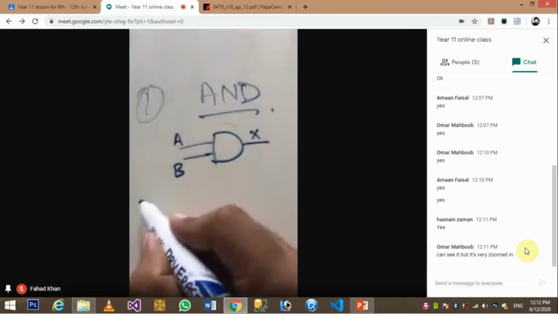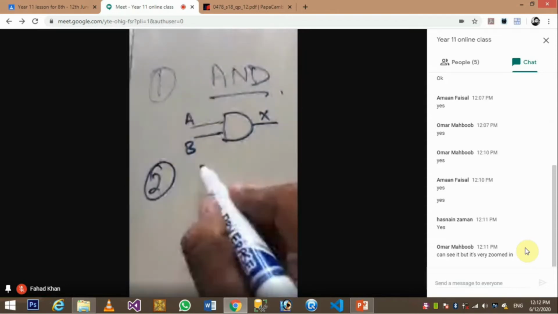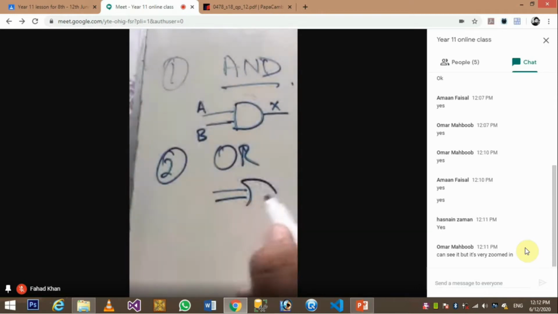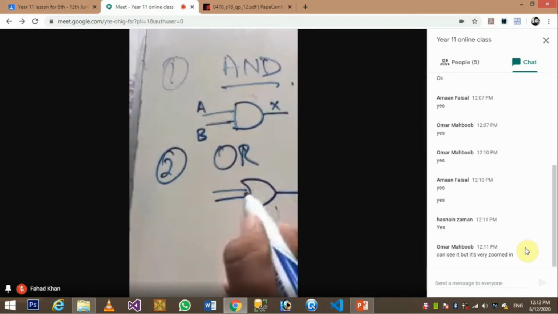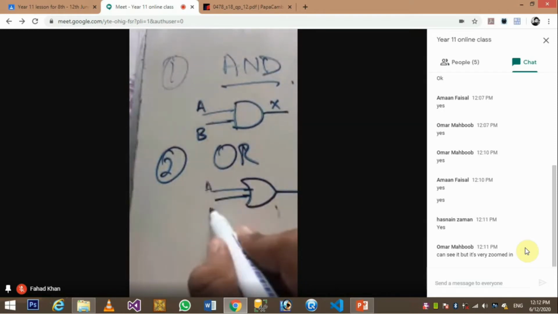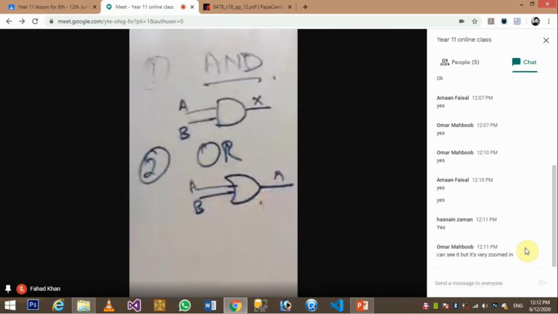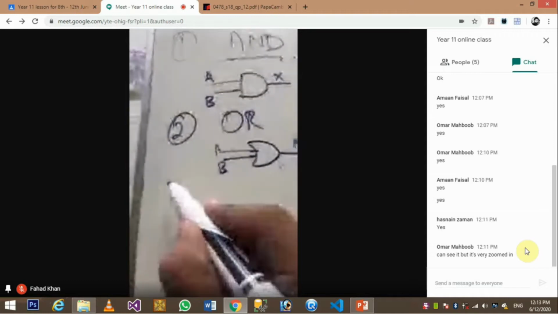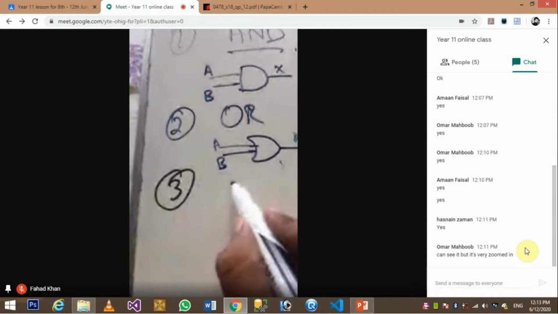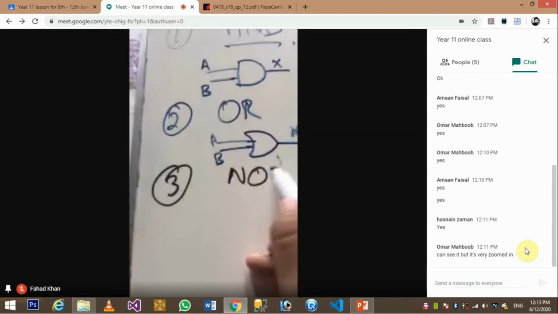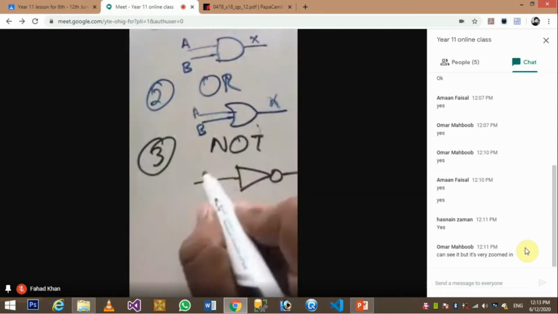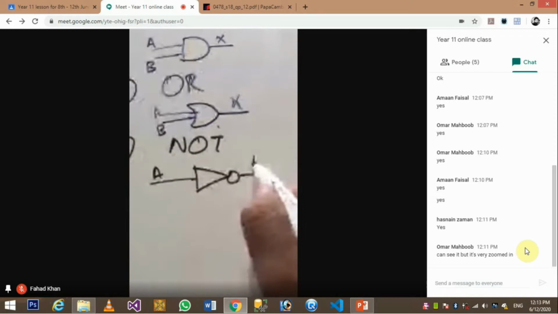Moving on to the second, OR, the symbol, A, B, and the output X. Moving on. Number 3, NOT. NOT has this representation, A, and you can have this D, no problem at all.